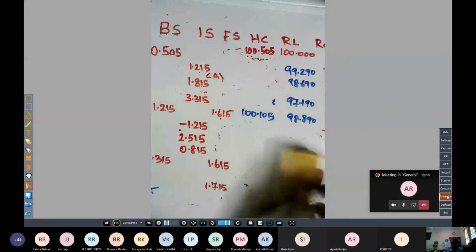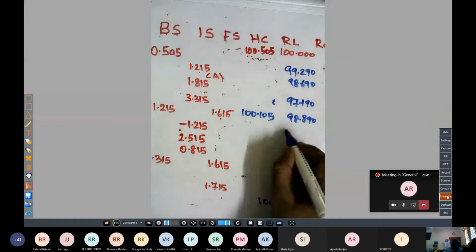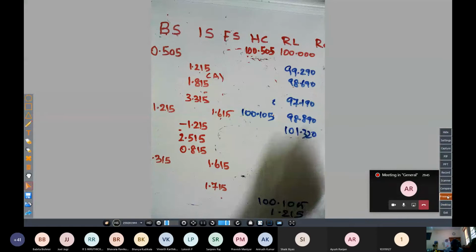So the new height of collimation is 100.105. 100.105 plus 1.215 is 101.320.